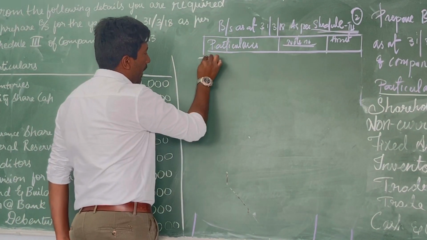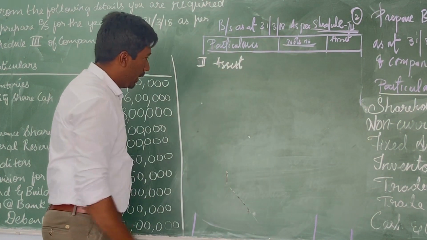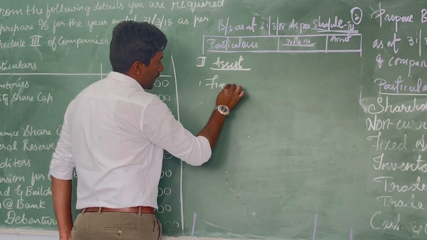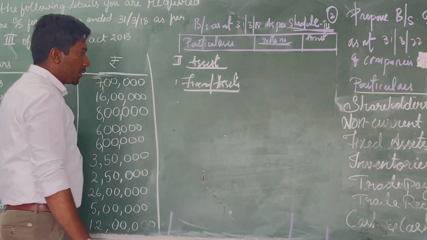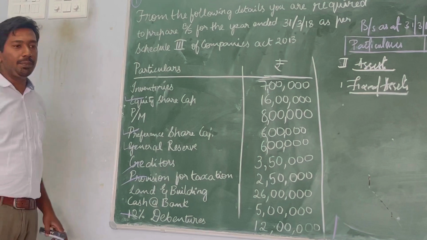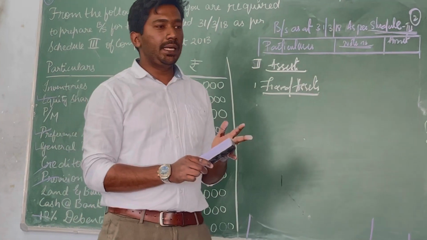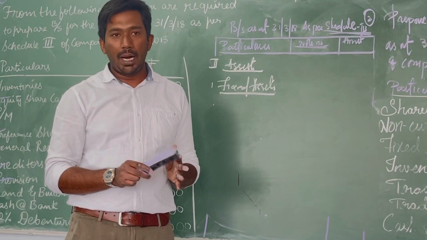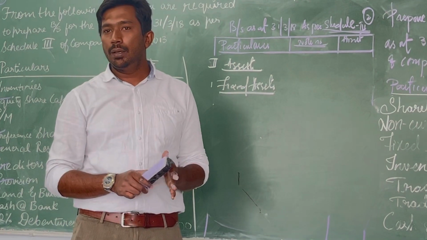Done? Then the second main heading you have is assets. Under that first heading is fixed assets, non-current assets. We generally call it fixed asset. Under fixed asset: plant and machinery, land and building, motor car, computer.